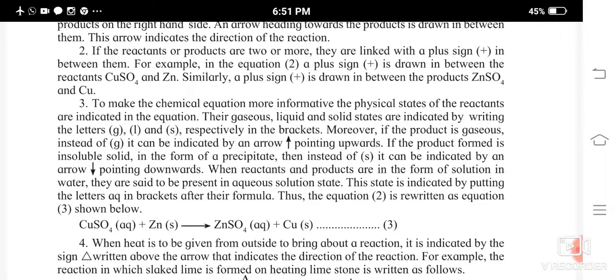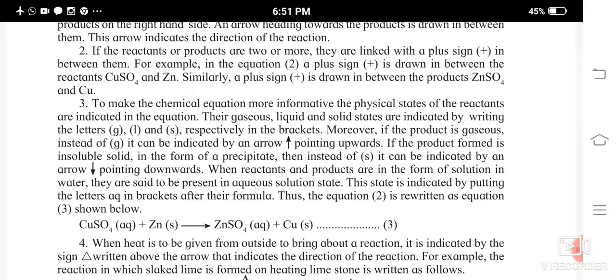Moreover, if the product is gaseous, instead of G, it can be indicated by an arrow pointing upwards. If the product formed is an insoluble solid in the form of precipitate, then it can be indicated by an arrow pointing downwards.